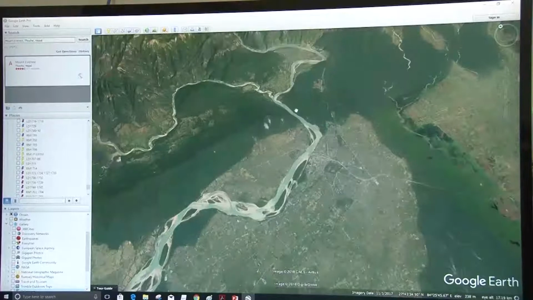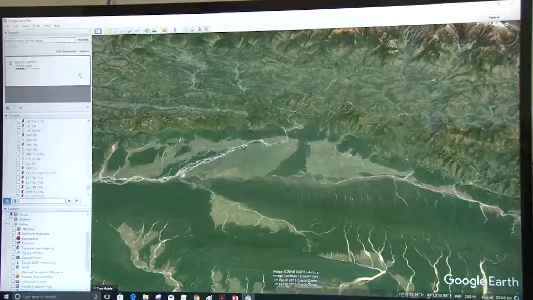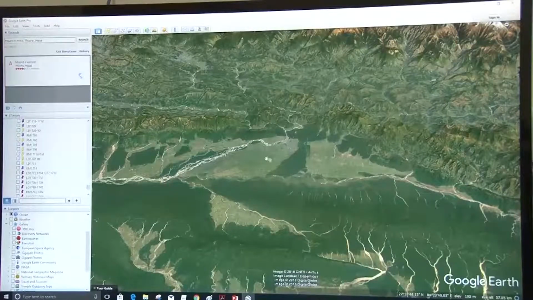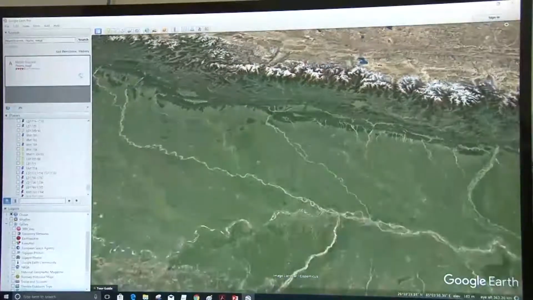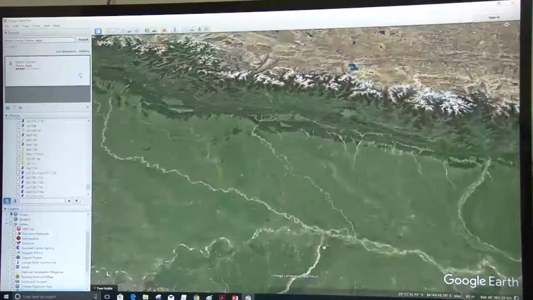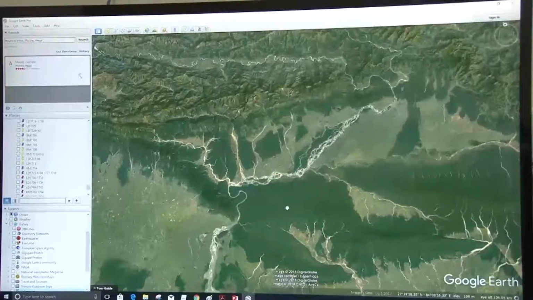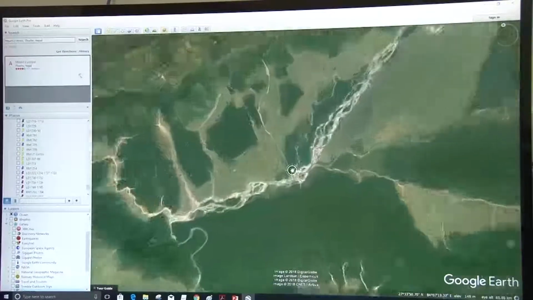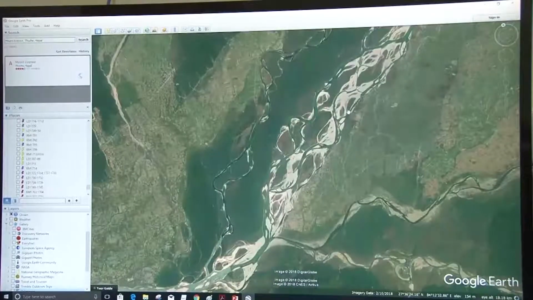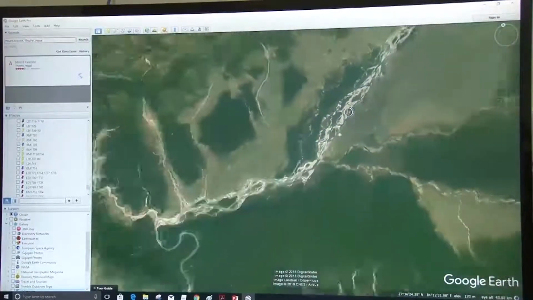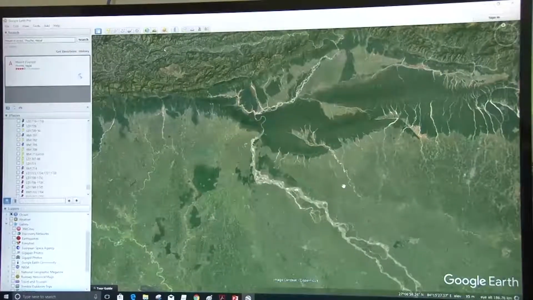So now the river has moved to the lowland area or the alluvial plain area of India. This part is basically known as the Indo-Gangetic Plain in the Indian landmass. Here you can see the river is changing its course, showing very sharp meandering patterns, and there are also changes in the drainage patterns.